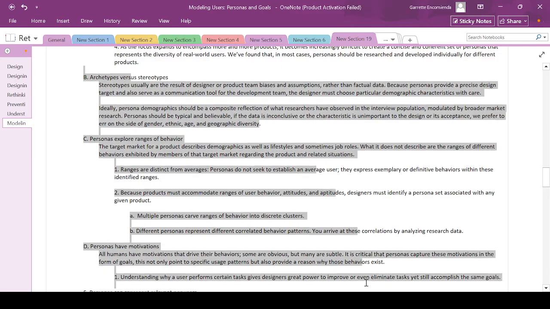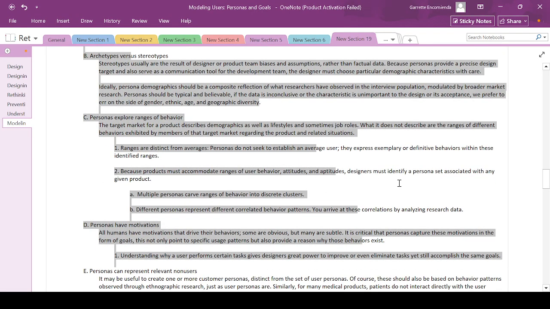Archetypes versus stereotypes. Stereotypes usually are the result of designer or product team biases and assumptions rather than factual data. Because personas provide a precise design target and also serve as a communication tool for the development team, the designer must choose particular demographic characteristics with care.